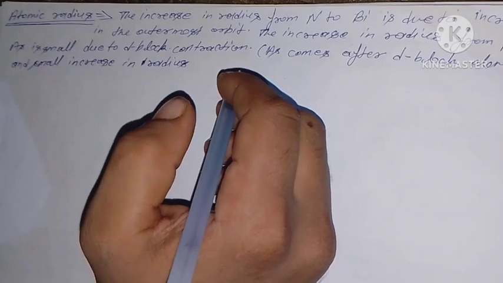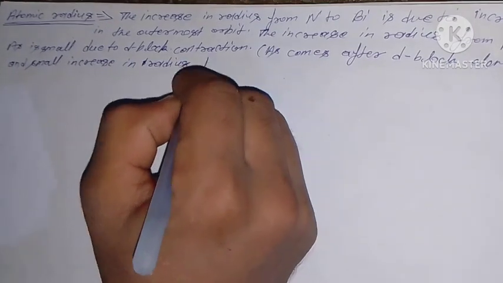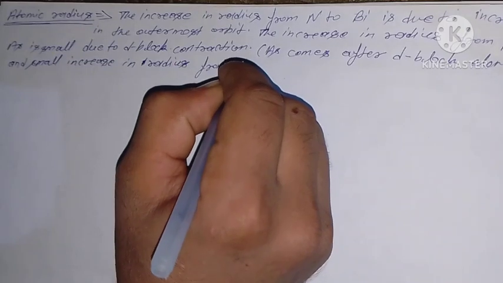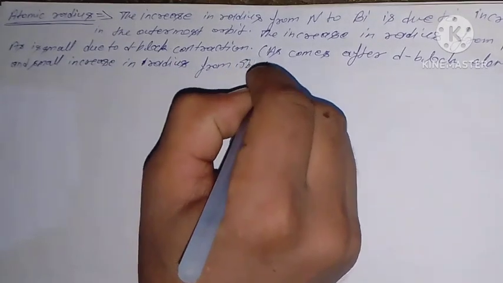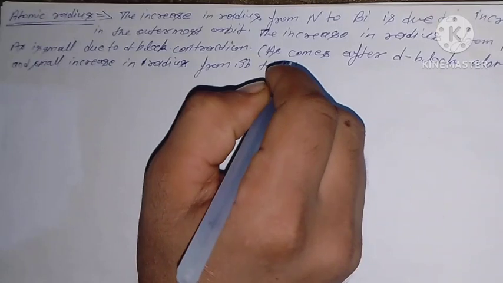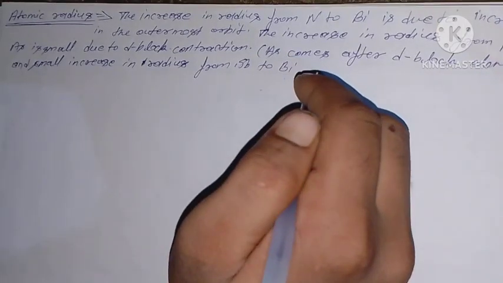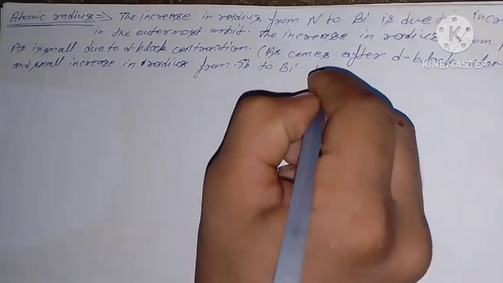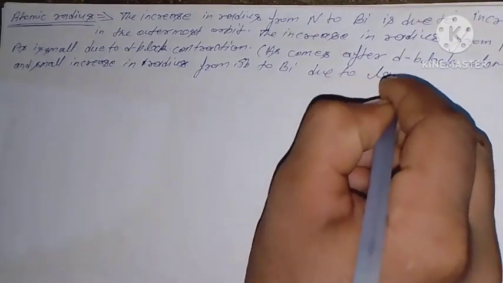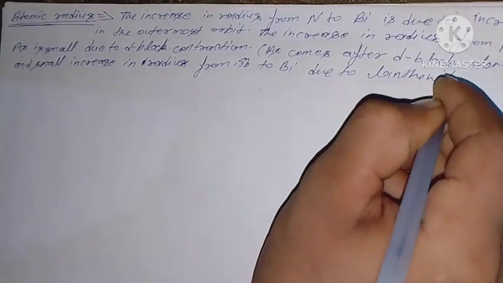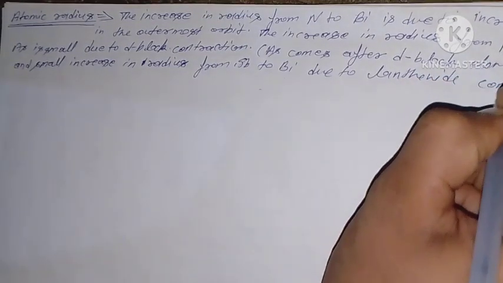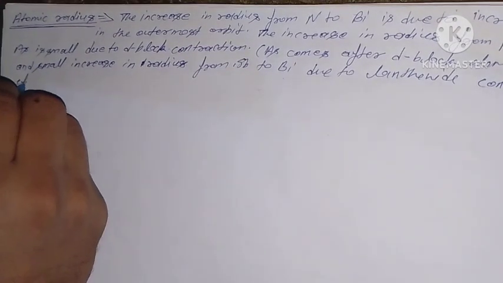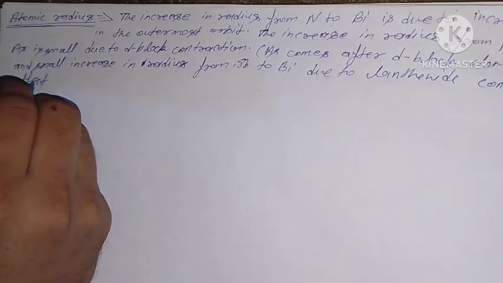from antimony to bismuth is due to lanthanide contraction effect.